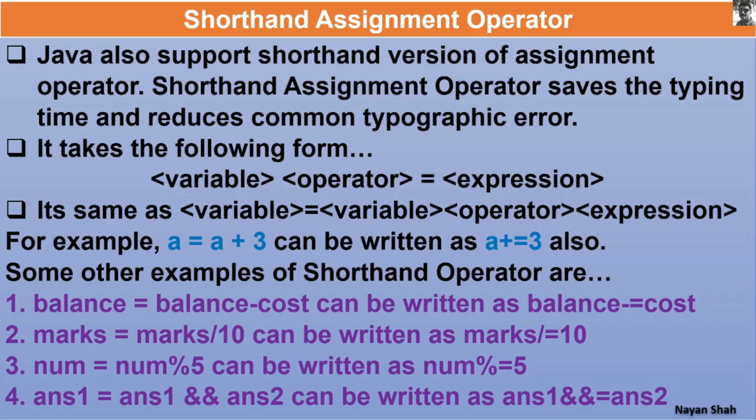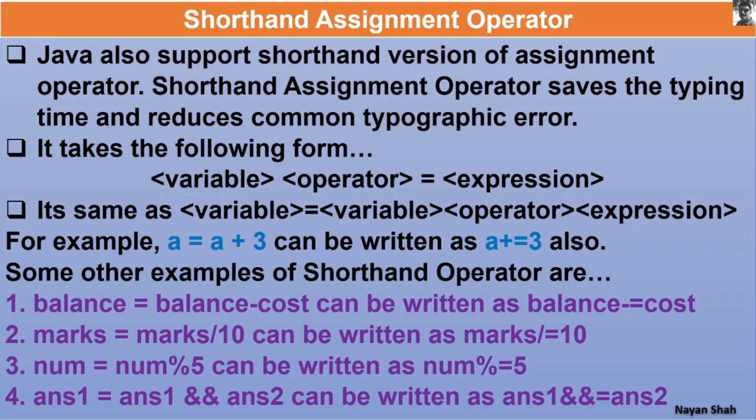But this is more useful when the variable name is not as small as this a. Suppose the variable name is total number of students in Saurashtra University. Now think of this. If you use the normal method, you need to write total number of students in Saurashtra University is equal to total number of students in Saurashtra University plus 3.